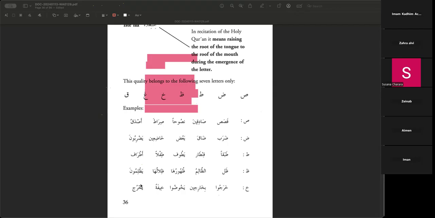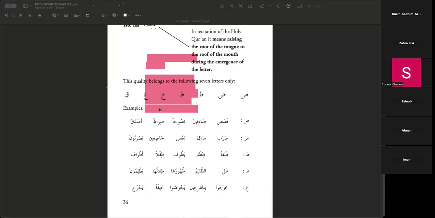Also with jim, in spoken Arabic it's taj, but in tajweed, it's tajweed.